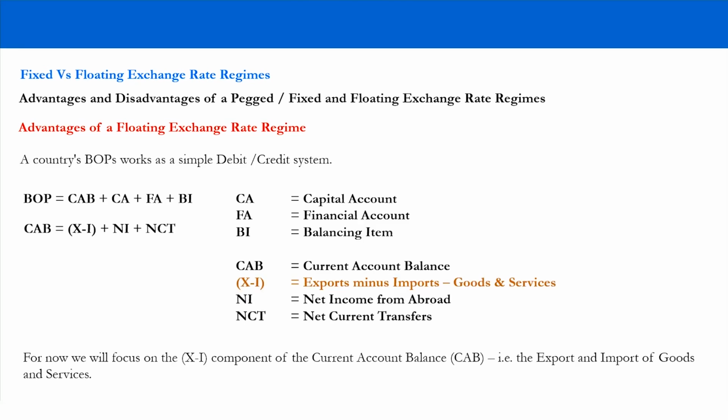So to really understand this, what we need to do is dig a little deeper into how a country's balance of payments works. And really it works as a simple debit and credit system. And this is how a country's balance of payments is made up.